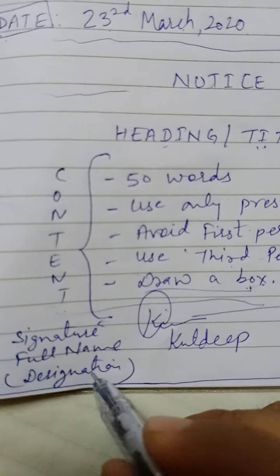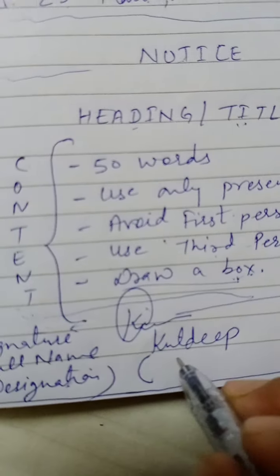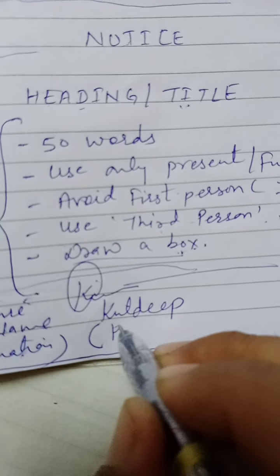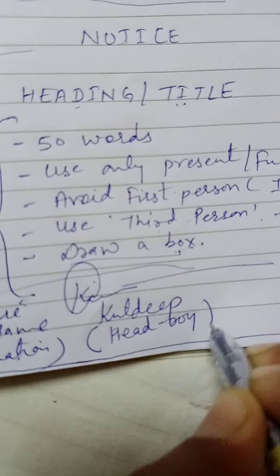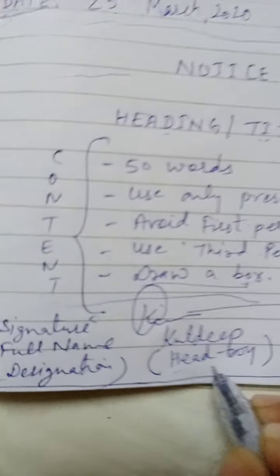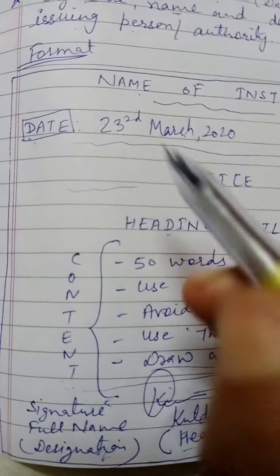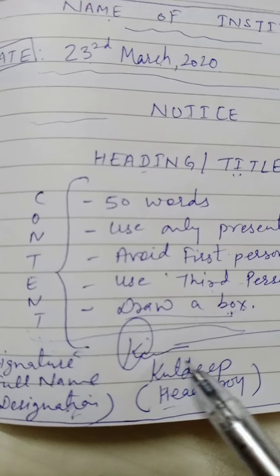And third is designation. So designation comes in brackets, like you are head boy. Okay, so it comes in the end. And this is the last part of the format of the notice which we covered.